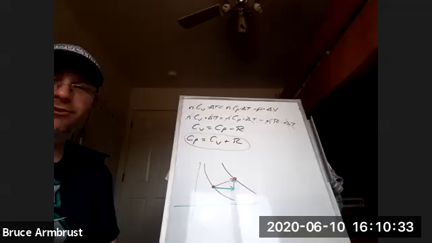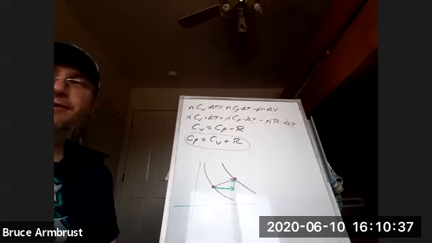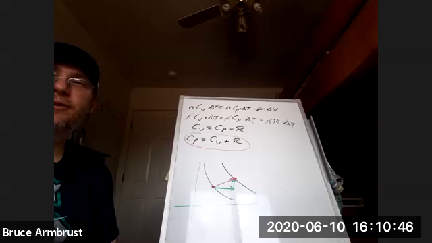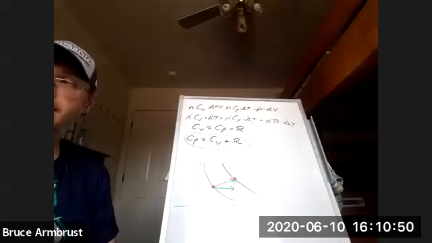Force times displacement. Okay, but for gases, how do we calculate work? PV over T. Okay, we're getting closer. It involves P and it does involve V, not so much T. I wrote it on the board not too long ago. It's the integral of P dV.